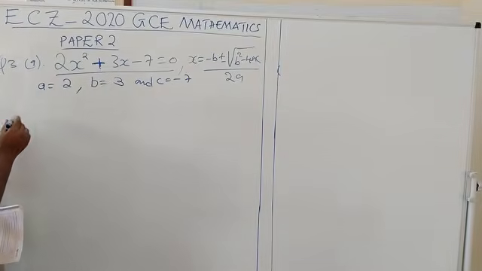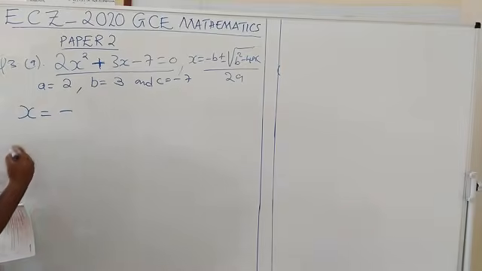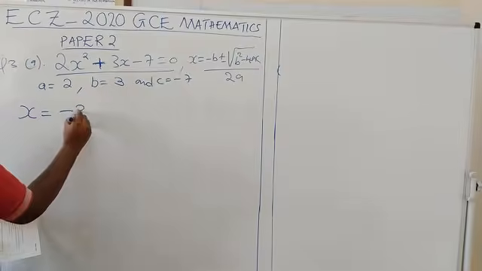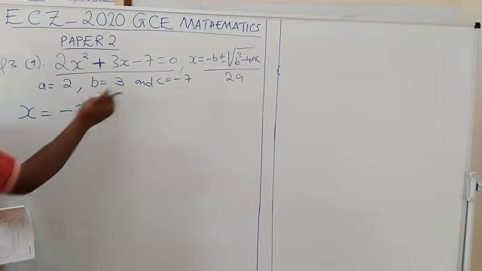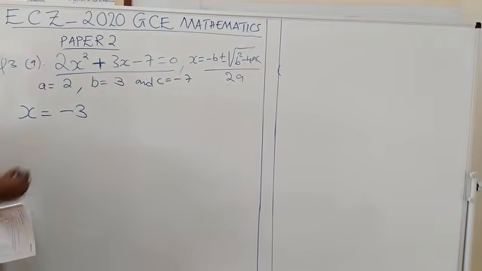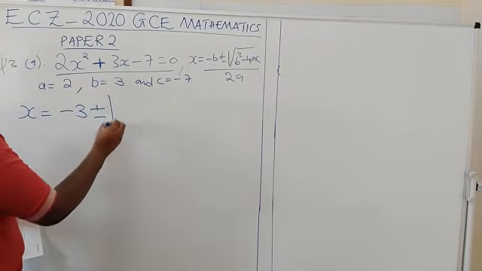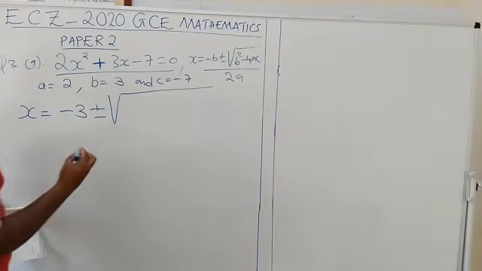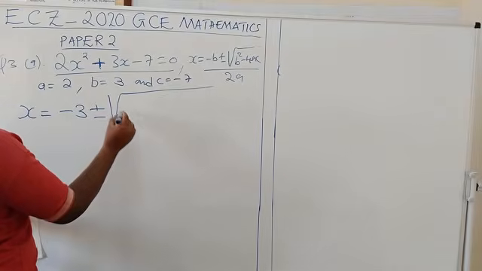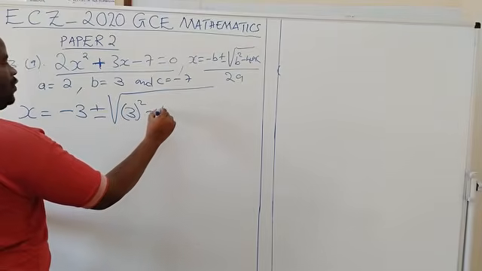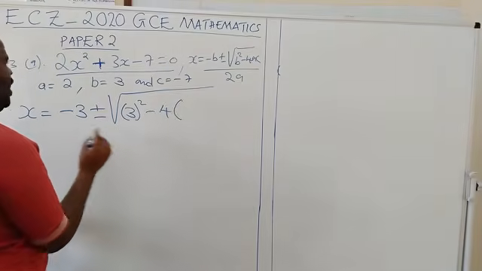Then we begin the substitution. So we are going to say, find X. X is equal to negative, what is my B? My B is 3. So I can put 3 direct, but if we had a negative, we should have put it in brackets. But like that, it's okay. Plus or minus the square root of B, B is 3, so 3 squared minus 4 times A, what is our A?